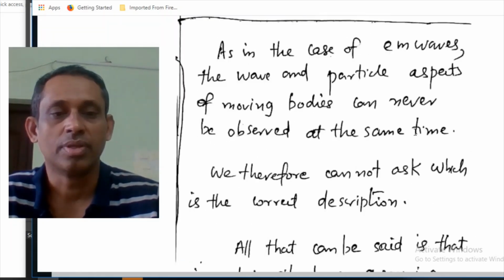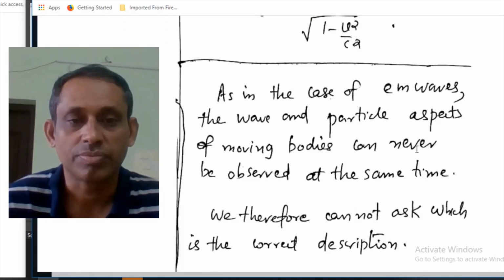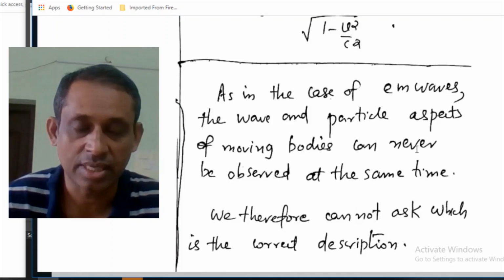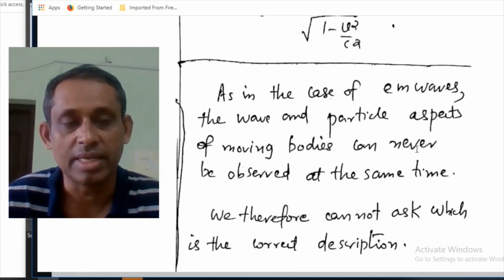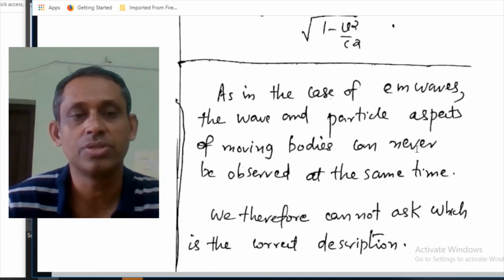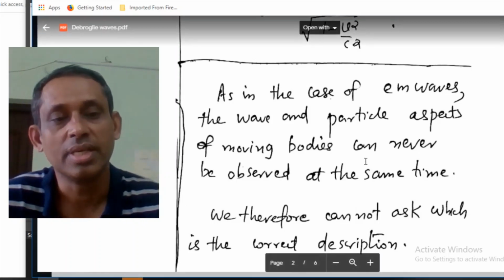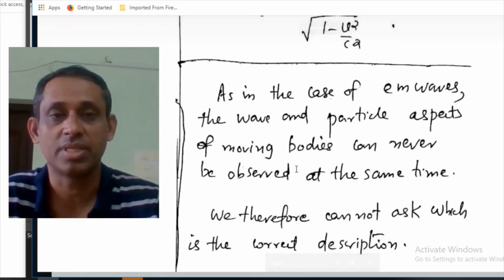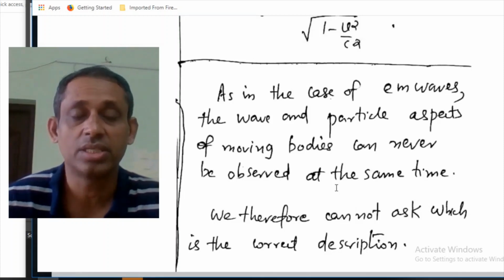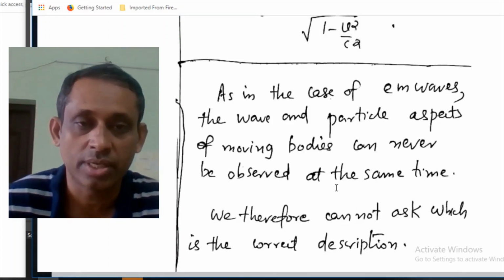Now, as in the case of electromagnetic waves, this de Broglie suggested as a hypothesis. Later this was verified. Now, as in the case of electromagnetic waves, the wave and particle aspects of moving bodies can never be observed at the same time. In the case of electromagnetic radiation, we saw it has particle nature and wave nature.